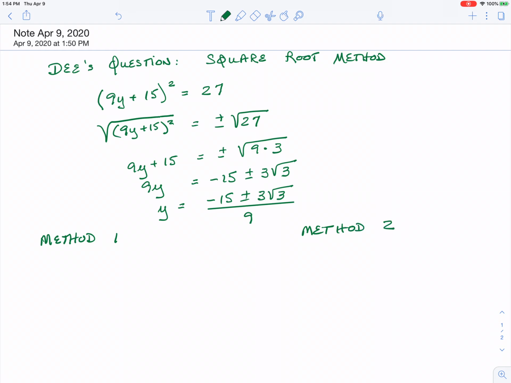All right, so if I look at this in method 1, I can separate this fraction into two distinct fractions, each sitting over the denominator 9.